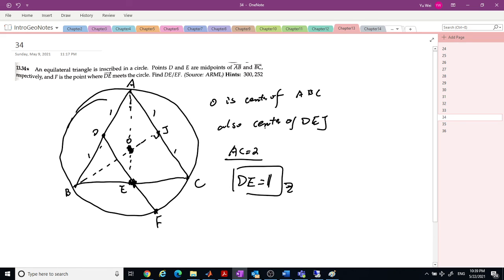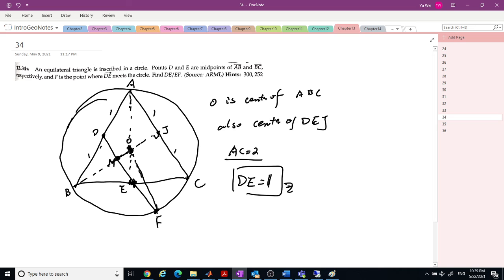What we are trying to solve is EF, right? Okay, so now let's try to solve the EF. Here is the midpoint M, right?